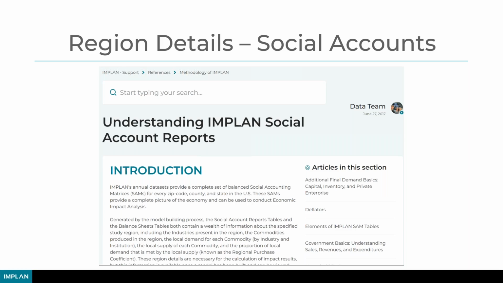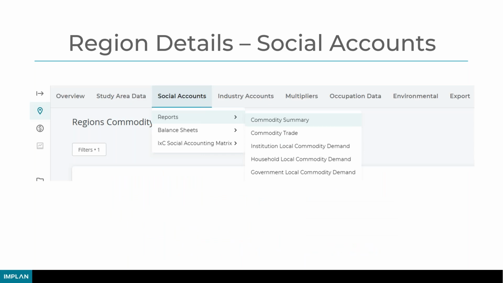And what this does is go through every line item and essentially every topic and heading in this section and explain what it is. So if you're looking at a particular table and you don't know what a particular statistic is referring to, I definitely encourage you to look on that support site for clarification.